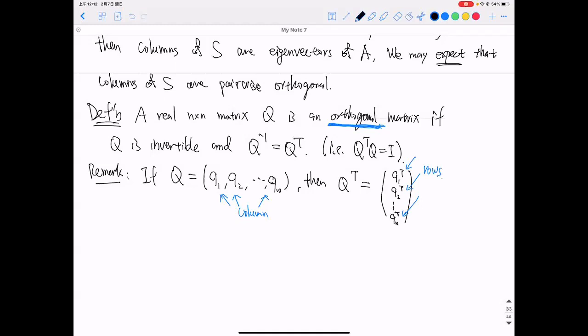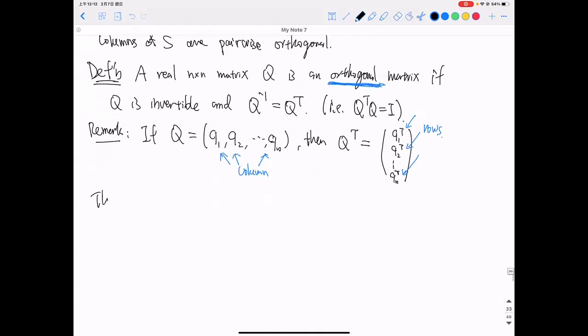Okay, and now you work out the following computation. Q transpose Q has ij's entry given as follows.